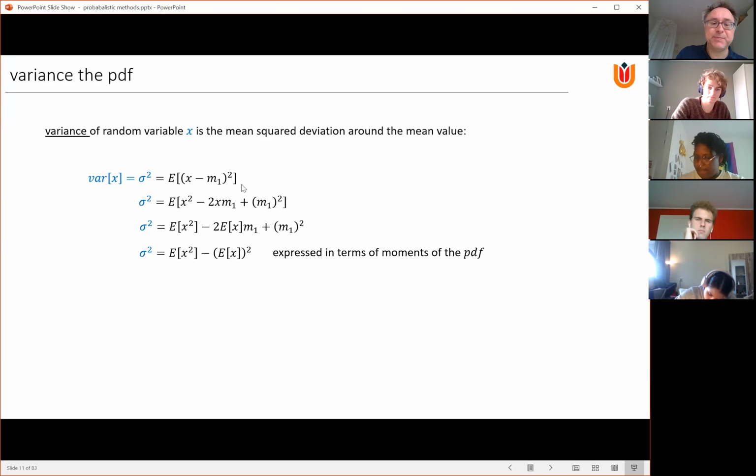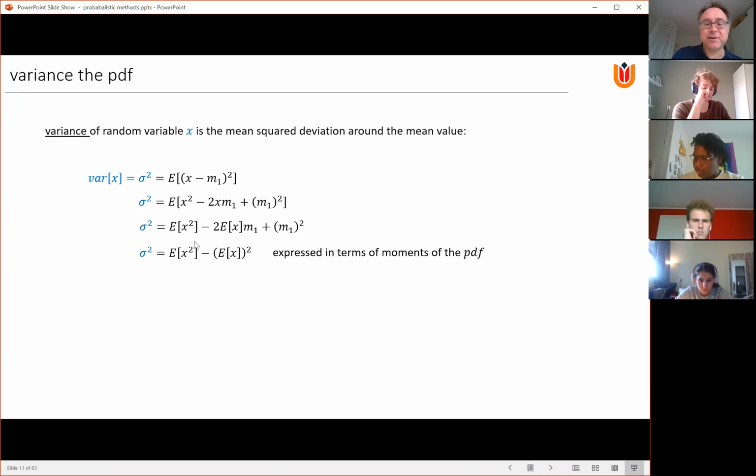So if it is the expectation value of the mean square deviation, then we can work out this quadrature equation here. That becomes the expected value of x squared minus 2x times the first moment plus the first moment squared. Of course, we had the rule that the expectation value of the sum was equal to the sum of the expectation values.